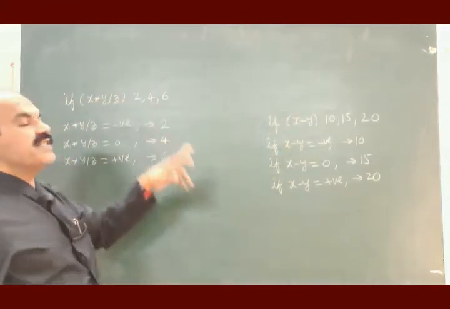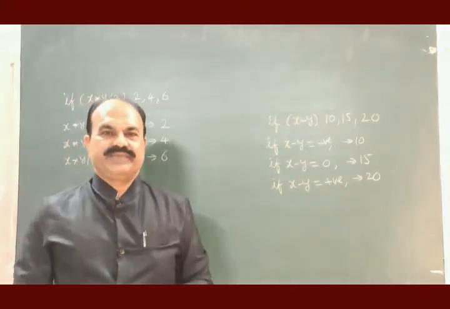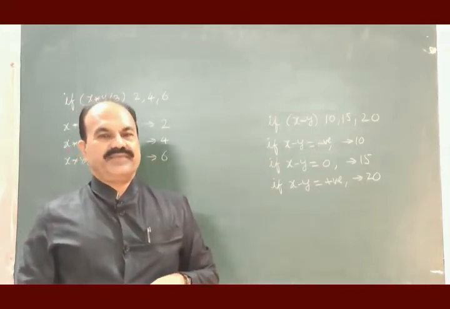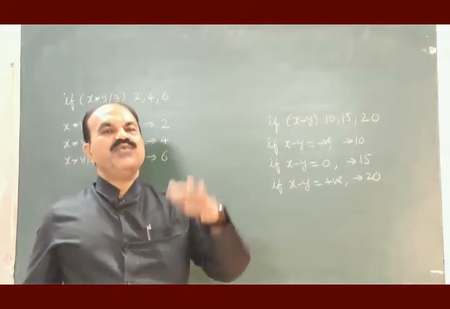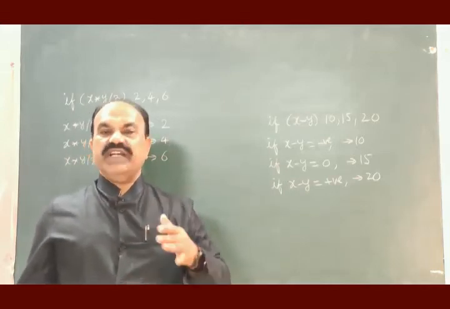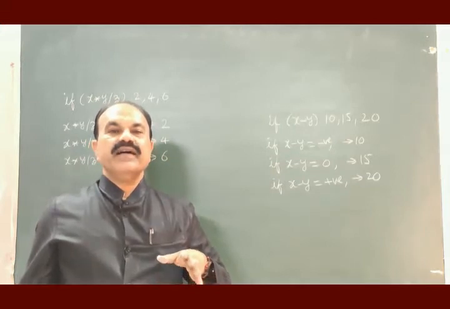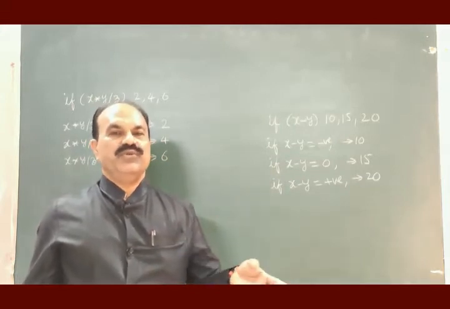The outcome of this arithmetic expression, whether it is negative, 0 or positive, will decide the transfer of control.